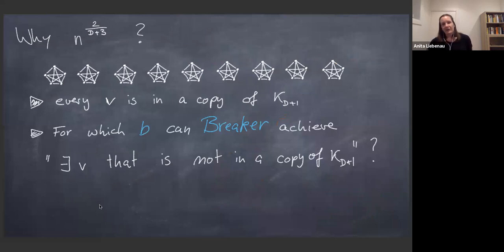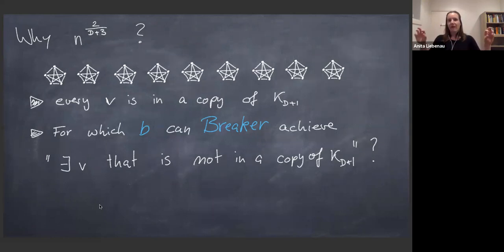To give you an intuition, I will give you a heuristic. So let's remember for these spanning games, the perfect matching, connectivity, and so on, the best that Breaker could do was to completely isolate a vertex. And that turned out to be the correct size of threshold bias. And so here, Maker's goal is to obtain a clique factor.